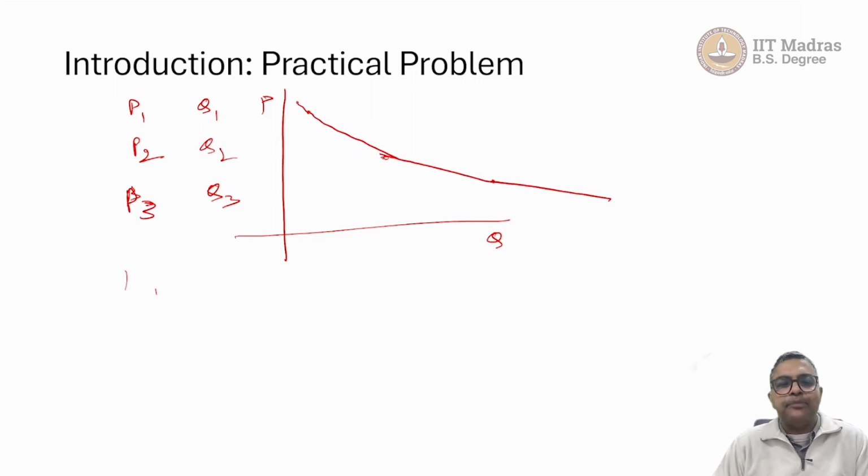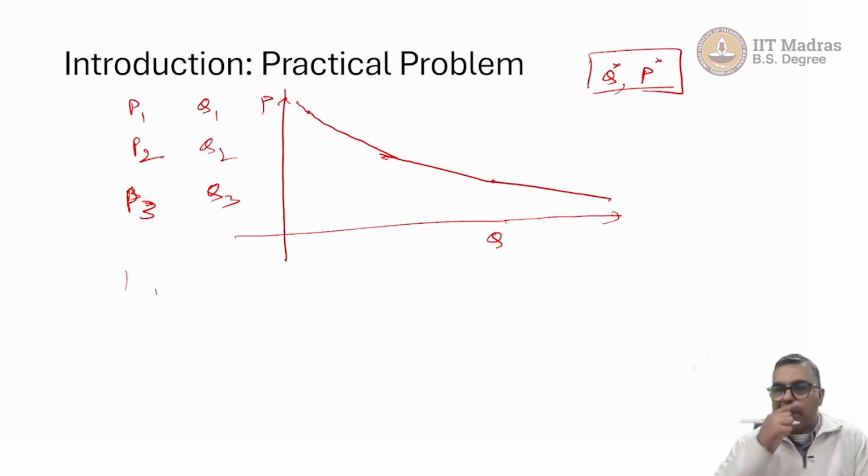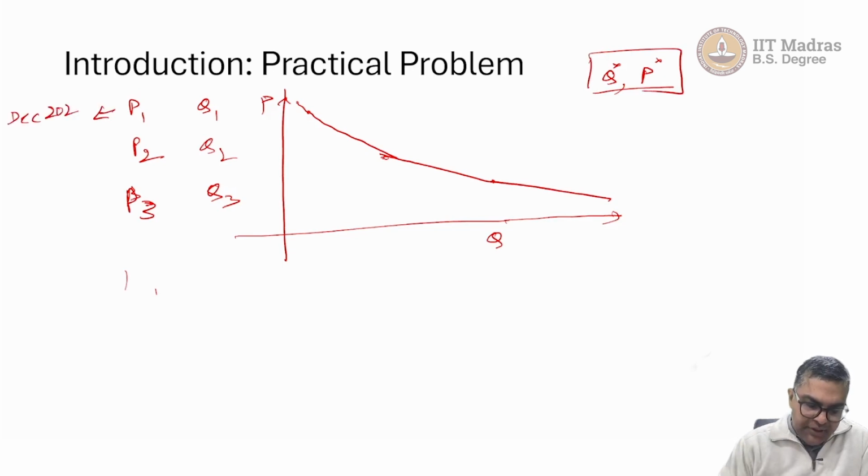But there are practical problems in this approach. First of all, by now you should know that what you observe in the market is not just any P1, Q1, but you observe Q star and corresponding P star. So let us say this is for Jan 2023, and this is for Feb 2023, for example.